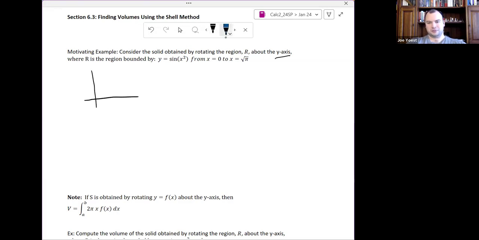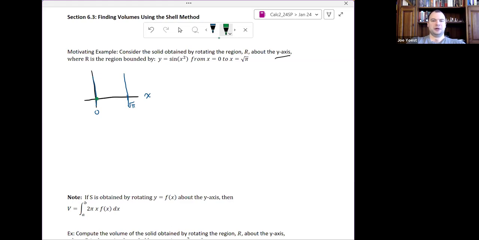So here we're going from x equals 0 to x equals root pi. And my region is y equals sine of x squared. So sine of 0 squared is 0.